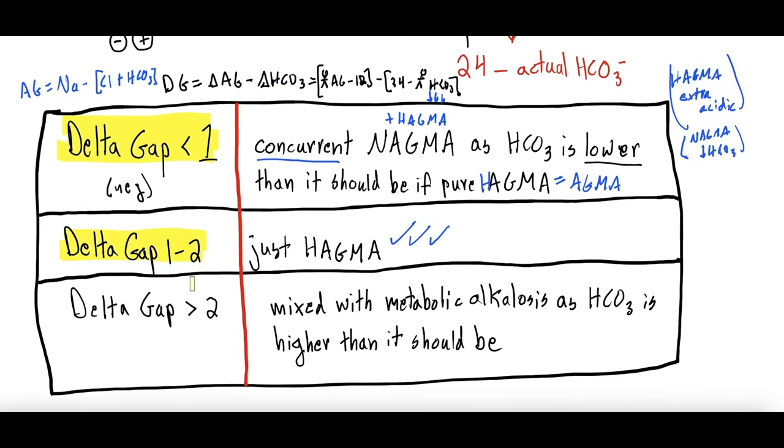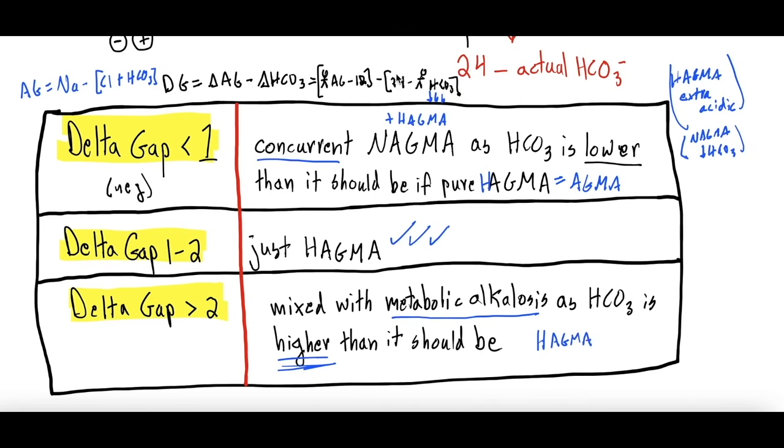If the delta gap is greater than 2, it suggests a mixed metabolic alkalosis because the bicarb is higher than it should be if it were just a high anion gap metabolic acidosis, a HAGMA. All right? And that makes sense in this equation, right?